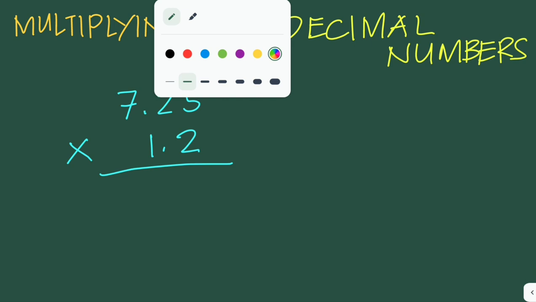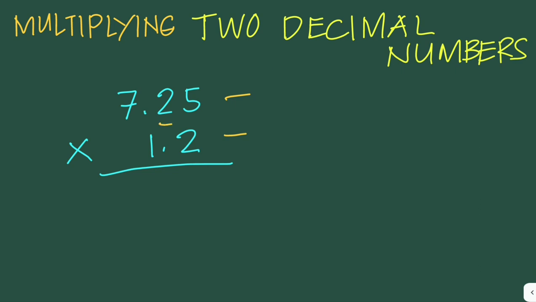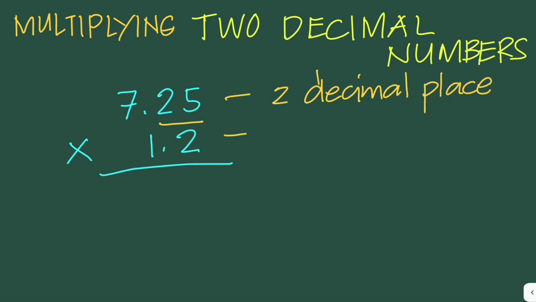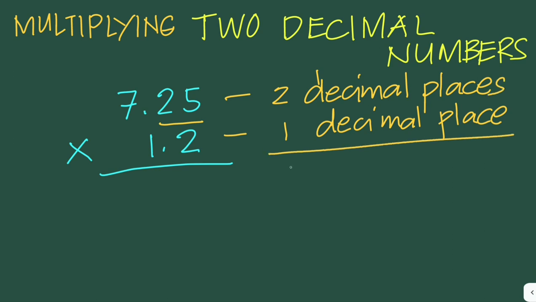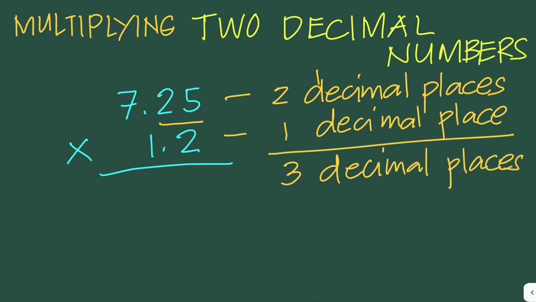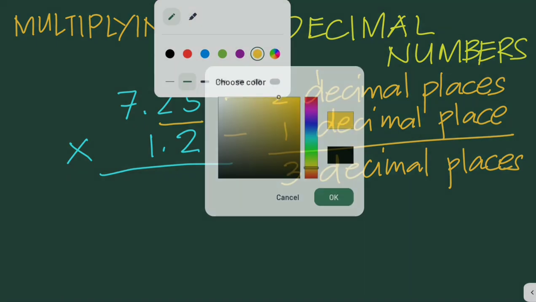Okay, first we ignore the decimal point and then we count the number of decimal places. Here 7.25 has 2 decimal places, and then 1.2 has 1 decimal place. So that means when we add the decimal places, our answer, or the product, or the result after multiplication, would have 3 decimal places. Alright, so let's multiply the numbers.